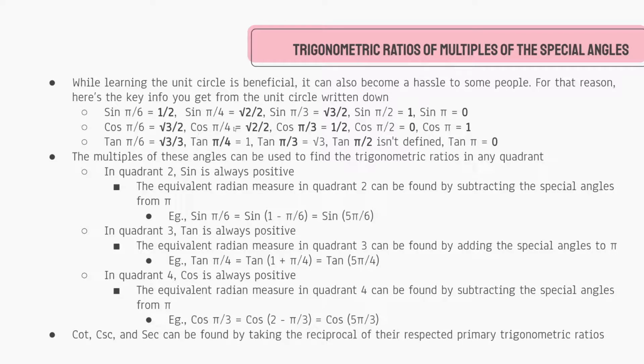Cos pi over 4 is the same as sine pi over 4, since they're exactly the same value, and we get square root of 2 over 2. Cos pi over 3 is the same as sine pi over 6, which is equal to 1/2. Now, these two are opposite again. So cos pi over 2 is equal to 0, and cos pi is equal to 1. Or actually, it should be -1.